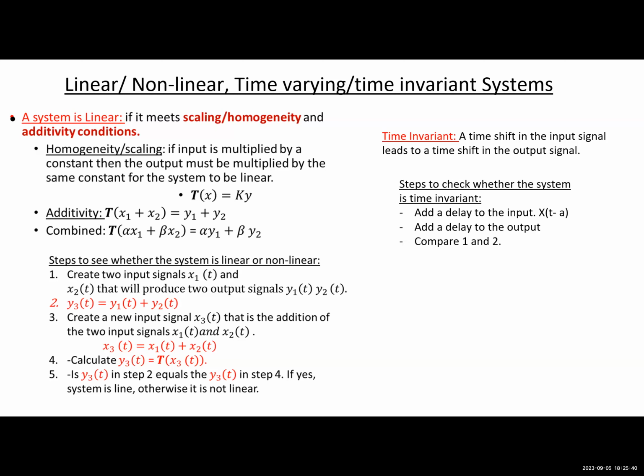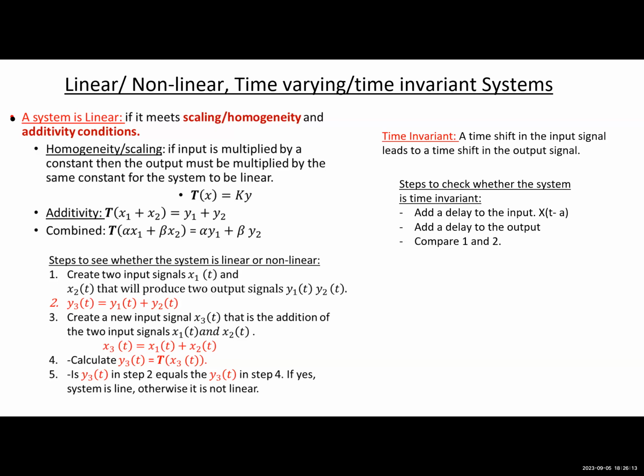And the additivity is if you take two inputs, run them through the system separately, and get two different outputs, those should add up to y1 plus y2. And if you take your two inputs, add them together, and then run it through the system, it should give you the same y1 plus y2. Both of those factors combined define a system as linear.